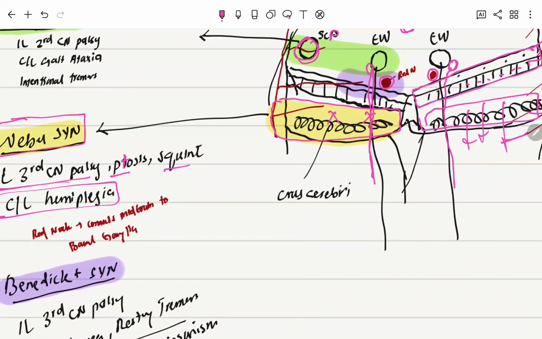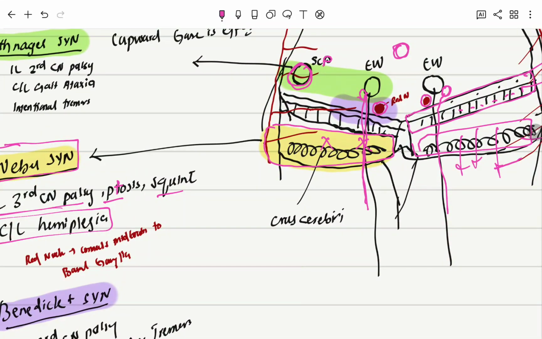Another syndrome I have highlighted in this purple color, right? So when there is infarction of this artery, the red nucleus will be involved, and the third nerve is involved, and the red nucleus is involved.